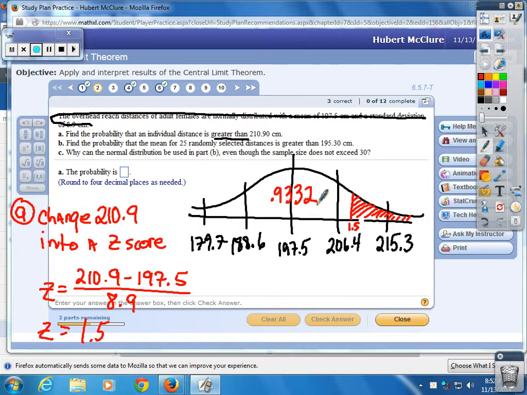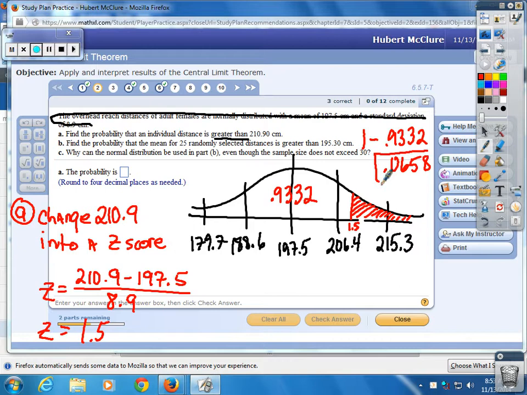And we all said if you want the right-hand side, it's 1 minus the left-hand side. So 1 minus 0.9332, and just say 1 minus 93 cents equals 7 cents, so it's going to be 0.0658. Y'all check me.